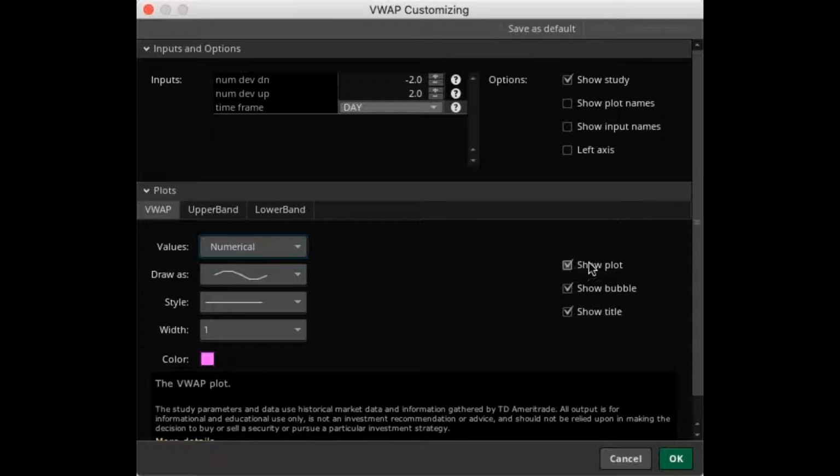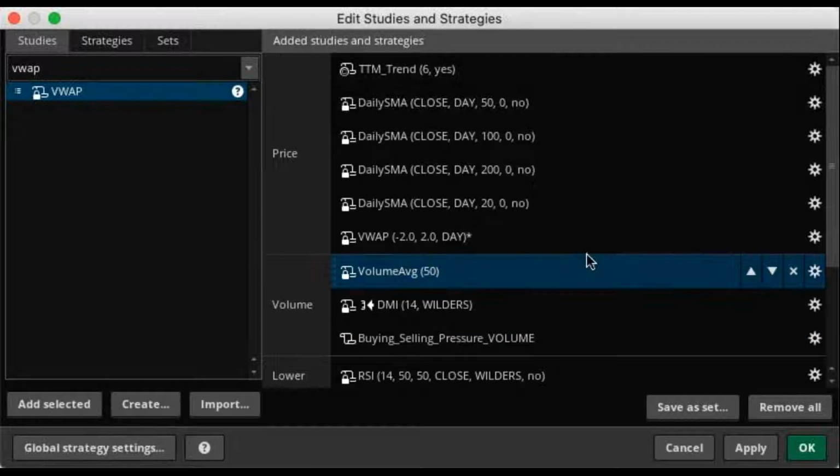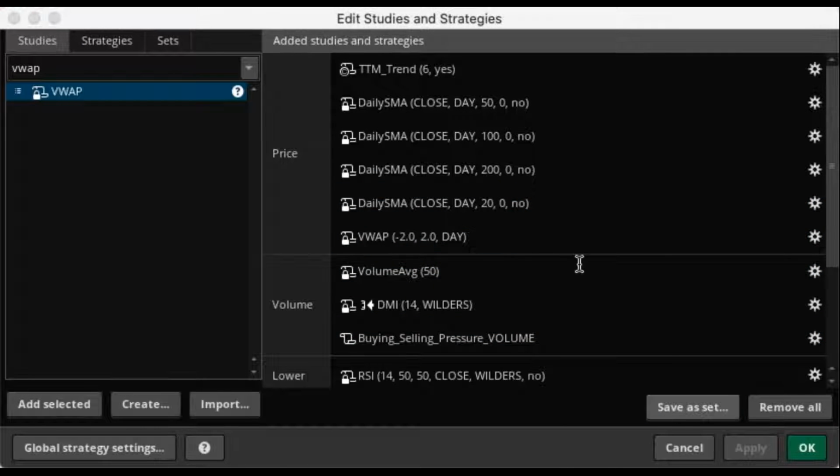VWAP, yes, clicked. Then you push OK, and then you save that as your lower time frame or your intraday charts.